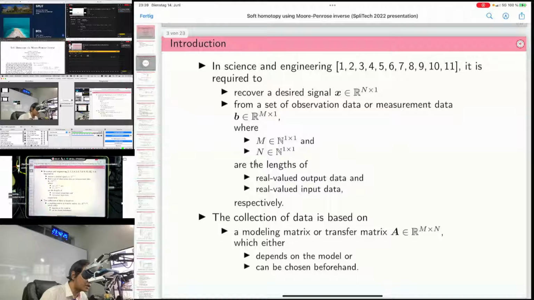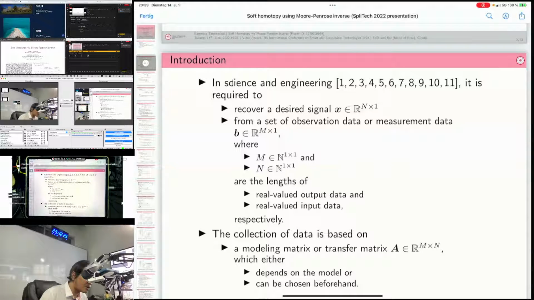The basic problem in science and engineering is that we need to recover a desired signal x of length n, an integer, and we observe the data vector b of length m. The lengths m and n are integers, and they are the lengths of the real-valued output data and real-valued input data.